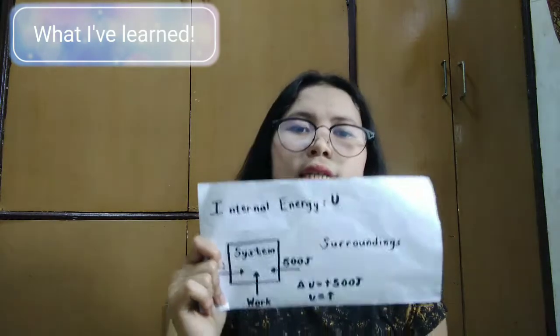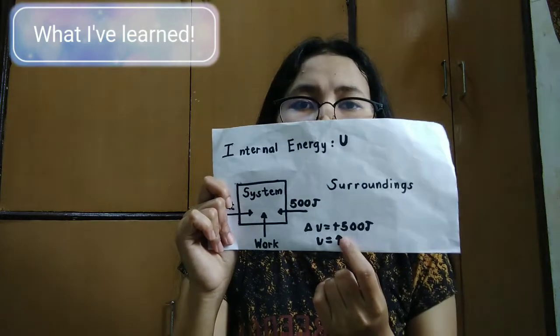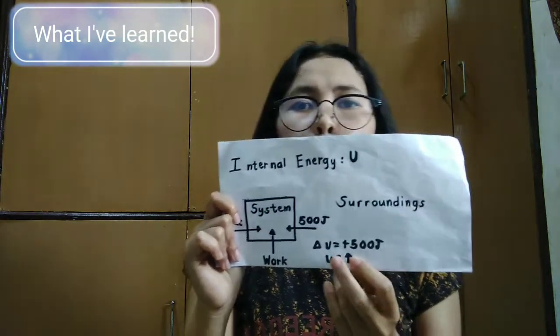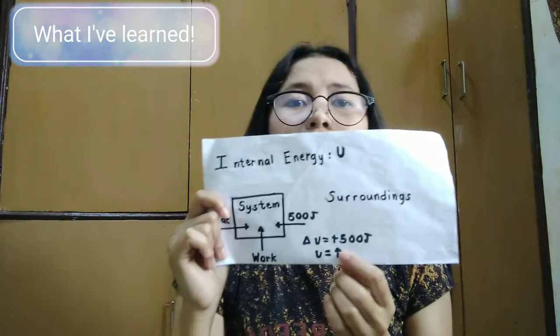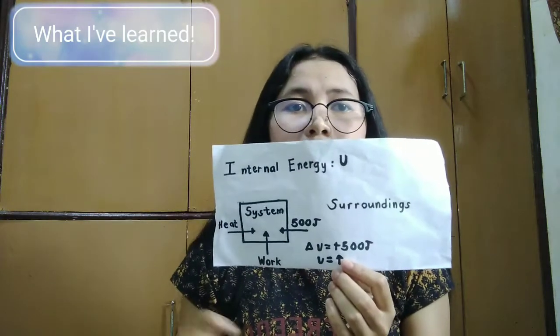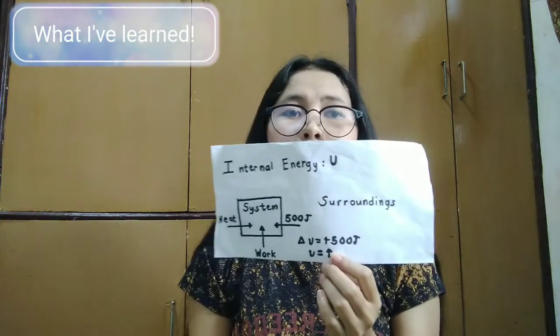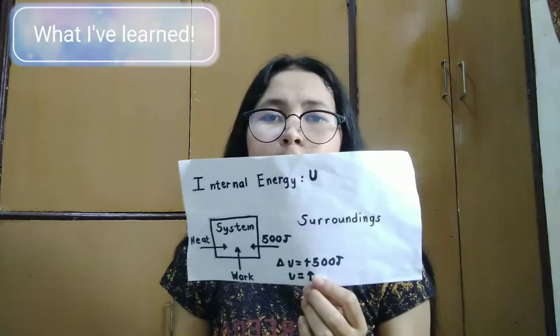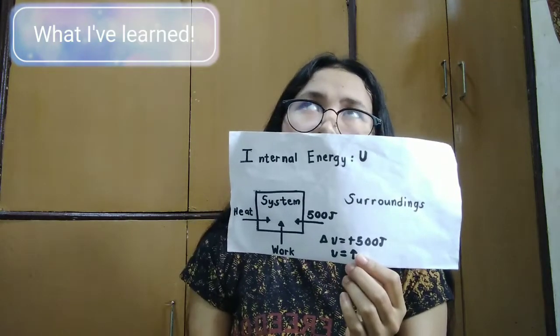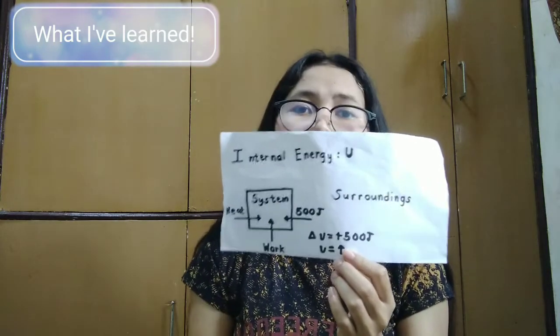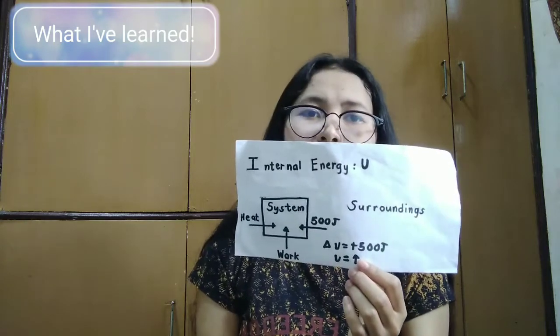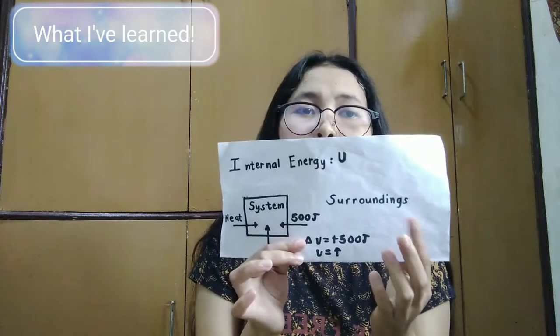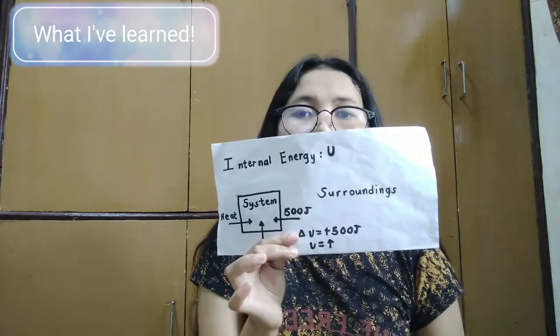Back to the example here, energy is simply transferred from one place to another. If the system gains 500 joules of energy, that means the surroundings lose 500 joules of energy.